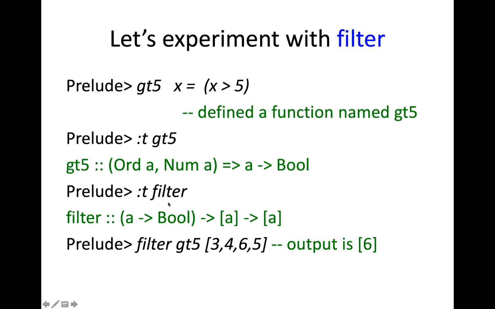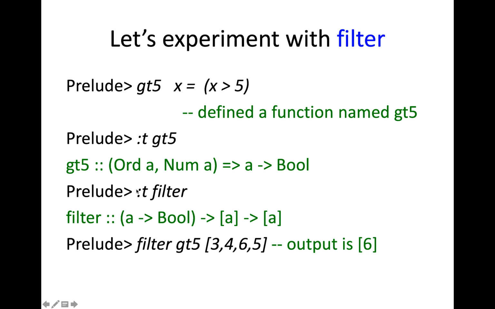Now we are going to use this gt5 function as a parameter to filter, because if you remember from our Scala lecture, the filter function takes one such boolean returning function as a parameter, and then it takes a list as the second parameter, right?